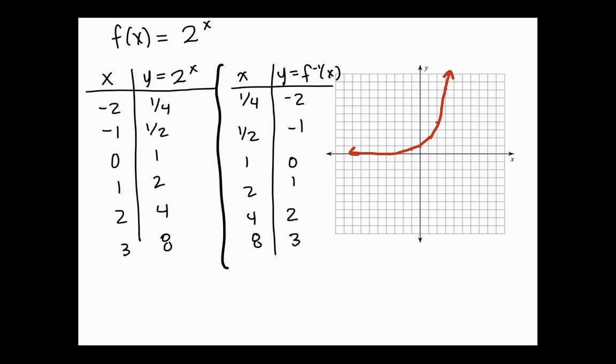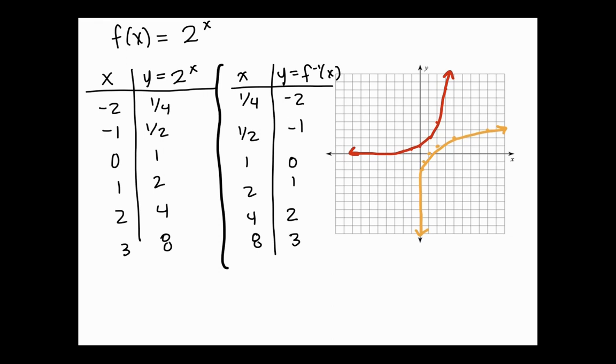Plot my points, and my graph looks like this. So the inverse of 2 to the x, I can draw a graph. We just switch x and y, same kind of thing we did last time.